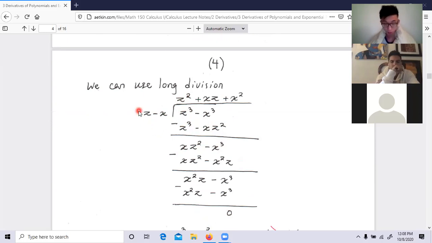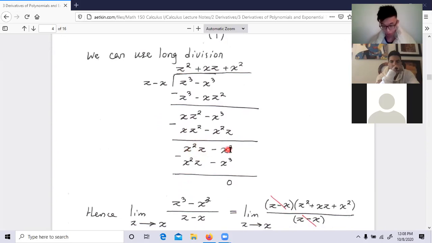Clearly by x times z. So I multiply by x times z. I put it here. X times z times this expression is this line. I subtract. I get this expression. So what do I need to multiply z minus x by to get this leading term? Clearly by x squared. Yes. And subtracting, we get 0.